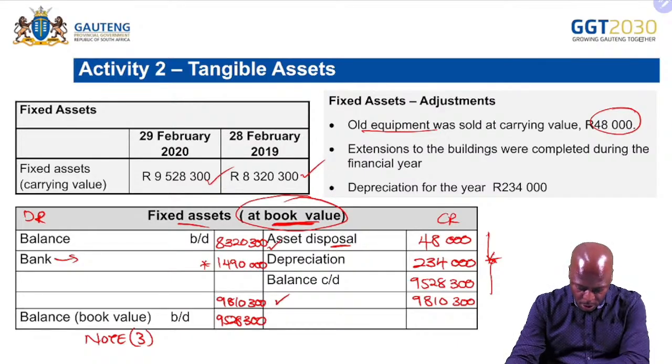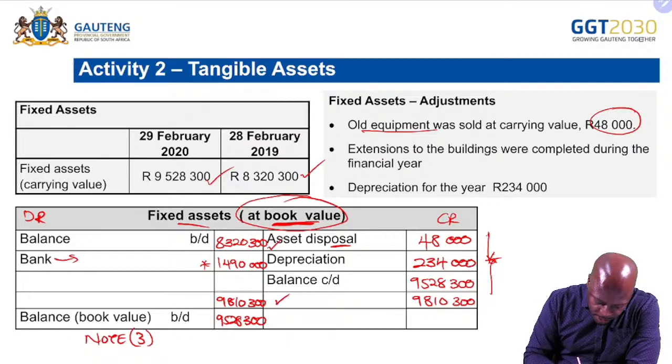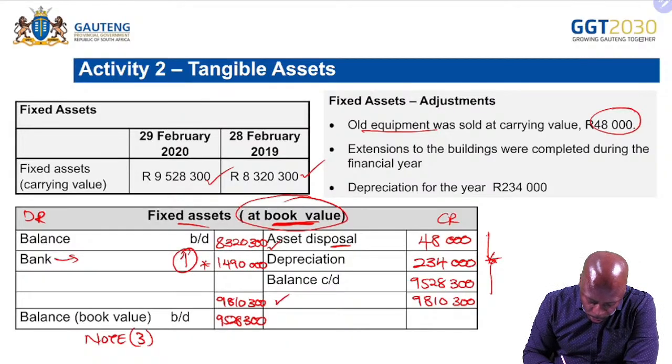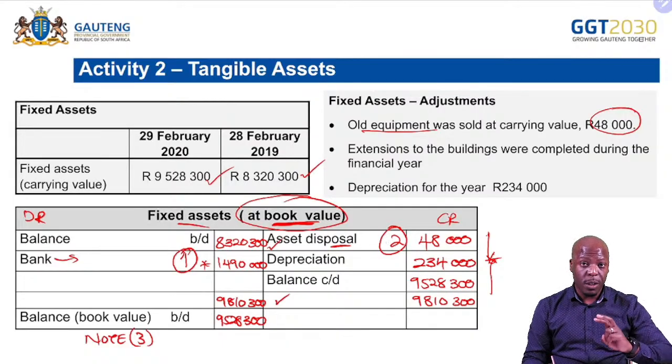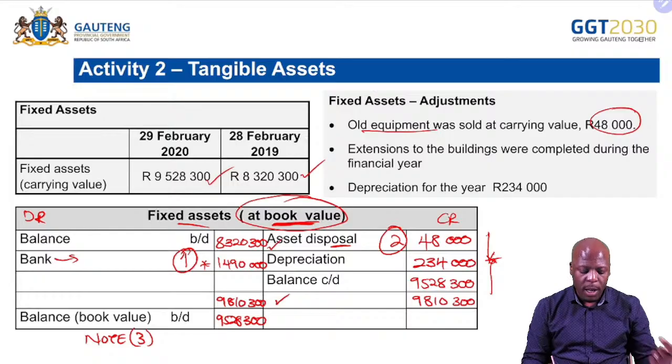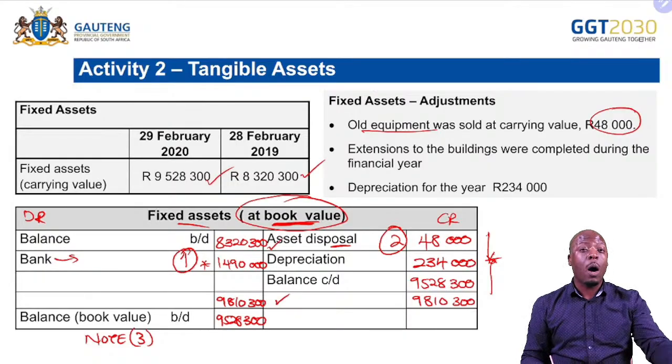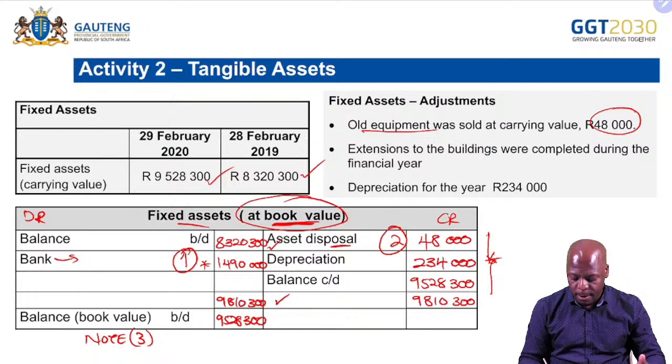But I want you to see two things here. Number one, I have my fixed assets purchased, the 1,490,000. Number two, I have the proceeds from the sale of asset. So from this account, I'll come out with two figures required for my cash flow. Number one, what I've used to acquire assets. Number two, what I have received from the assets that I have disposed.